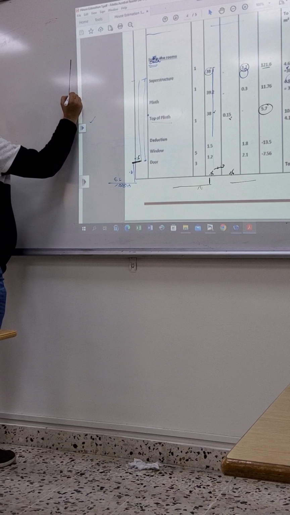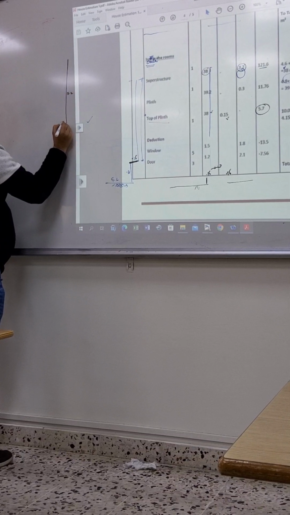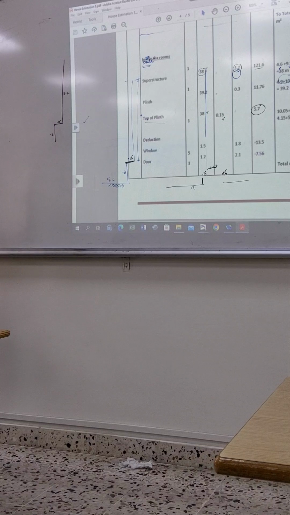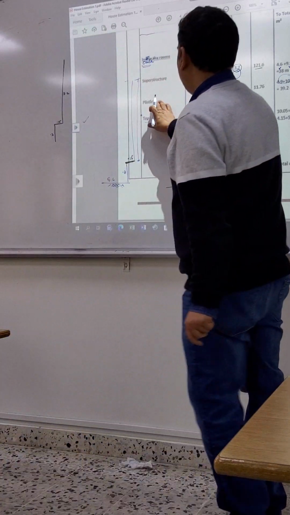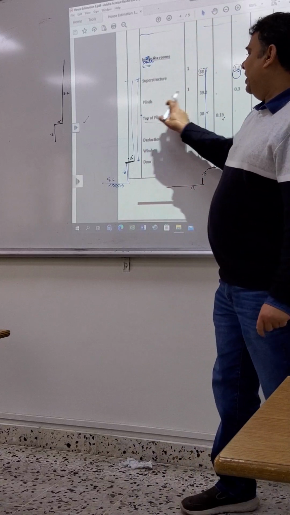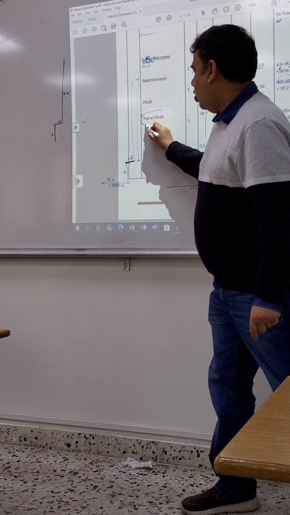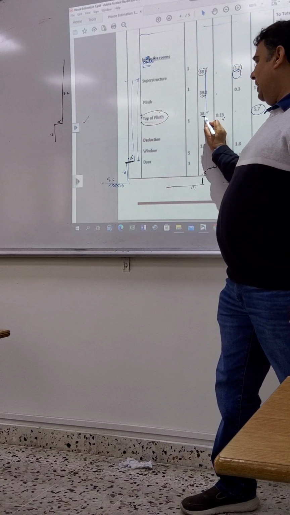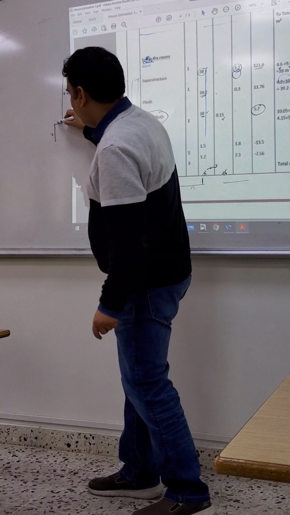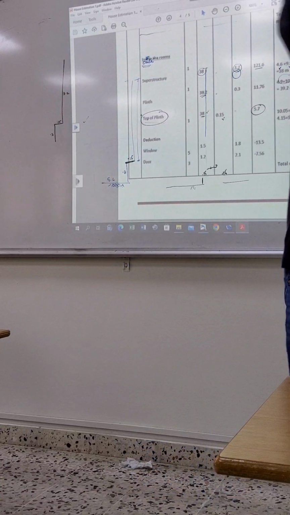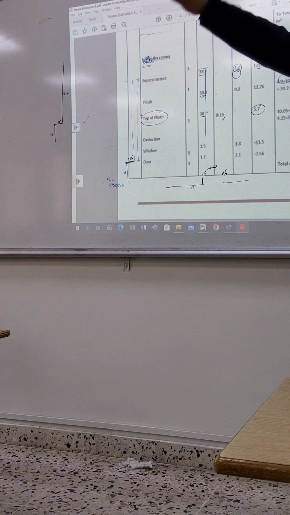This is 3.2, this is 0.15, this is 0.3. And the total length we are taking is the same, 38. I will tell you later on why it is 39.2. That is the top of plinth, that is 38, because this plinth is going along the whole room, outer.